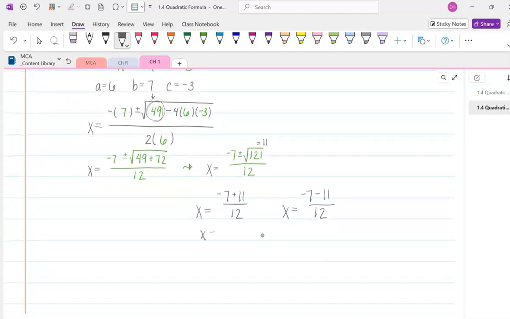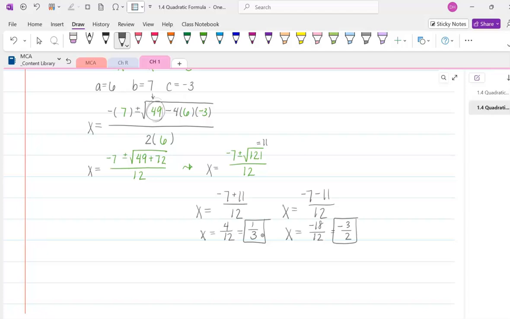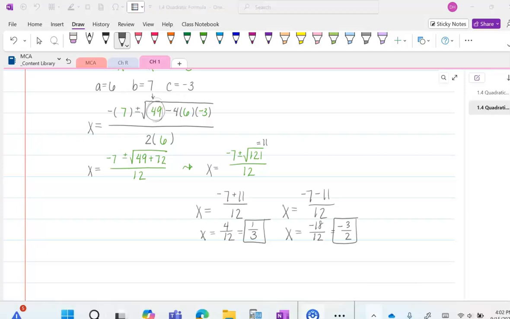So the first one, we've got x equals negative 7 plus 11, that's 4 over 12, which reduces to 1 over 3. And with the other one, we've got x equals, that's going to be negative 18 over 12, which reduces to negative 3 over 2. So we've got two answers for this.